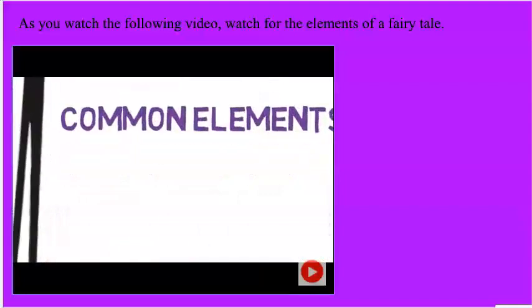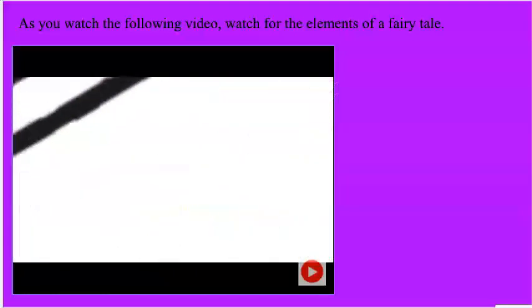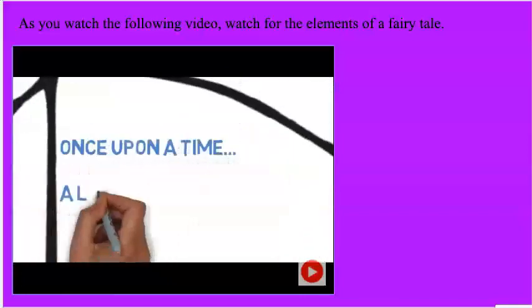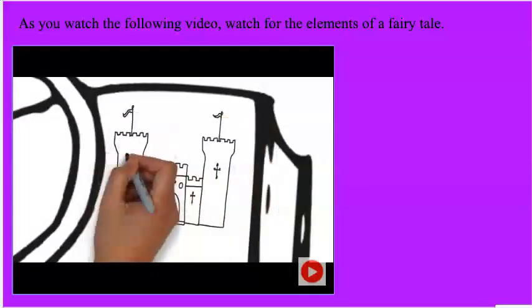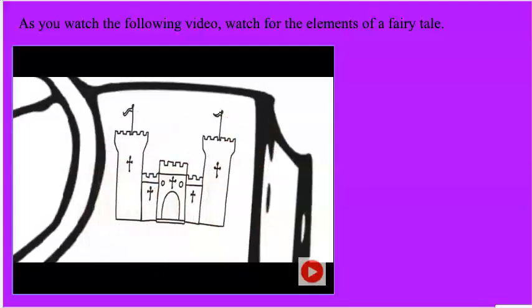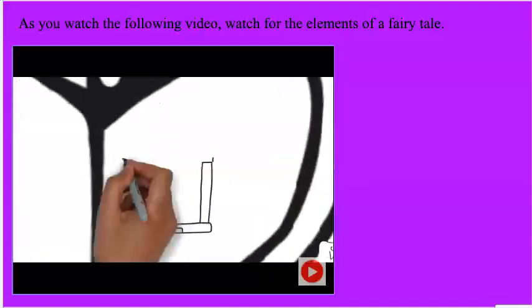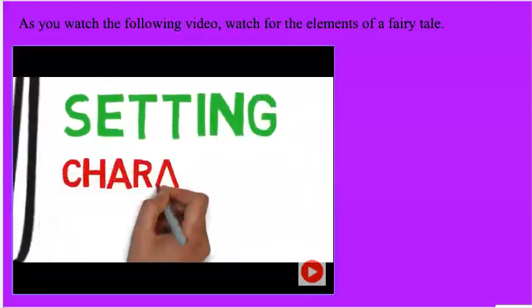Let us begin with the setting. Fairy tales take place in an undefined time and place. They begin with phrases like once upon a time or a long, long time ago. They take place in a kingdom far away in a forest or wood or sometimes a humble cottage. And how about the characters?